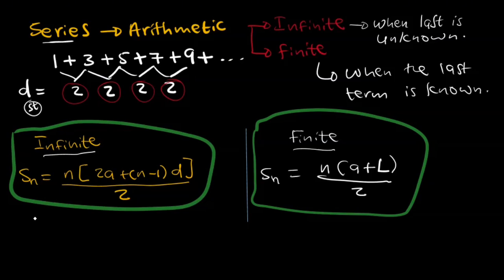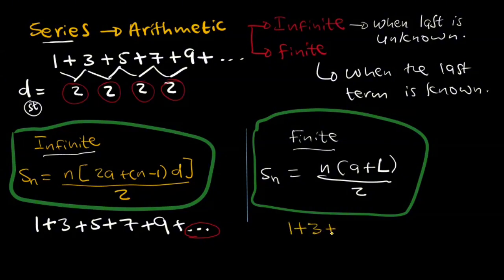It looks like that: 1, 3, 5, 7, 9, etc. This here means that we do not know the last term. If your series looks something like this, 1, 3, 5, we know the last term.